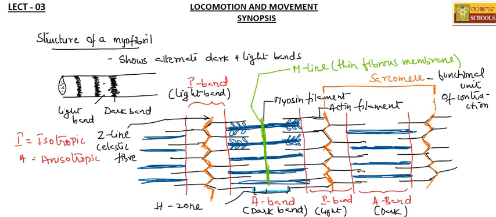This region where you find only myosin is what we call the H zone. Of course the H zone will decrease when there is a contraction taking place.